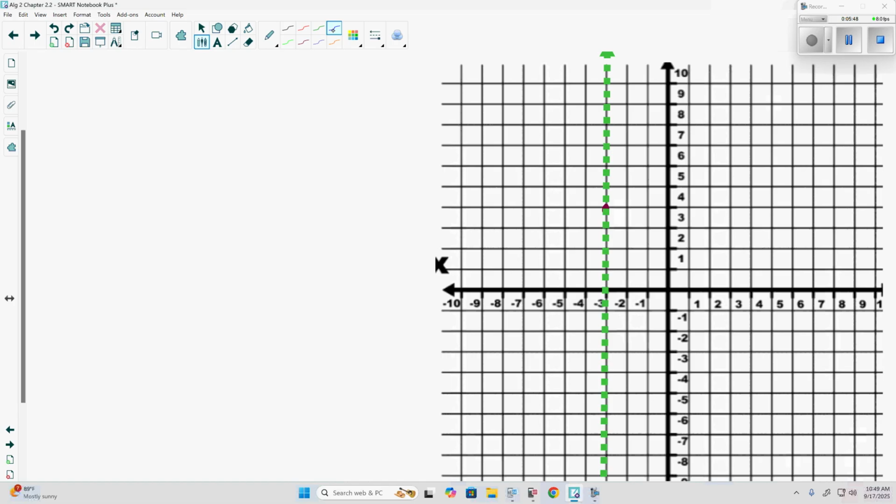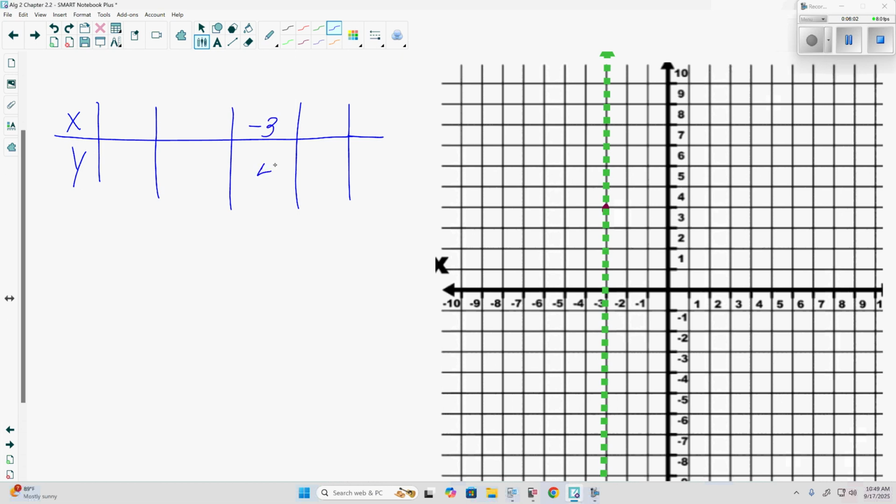Because if we're graphing a quadratic equation, we need 5 points. And the middle point is going to be the vertex. So we said the vertex is -3, 4. So to get our other 2 points, we would go 2 points to the left and 2 points to the right.